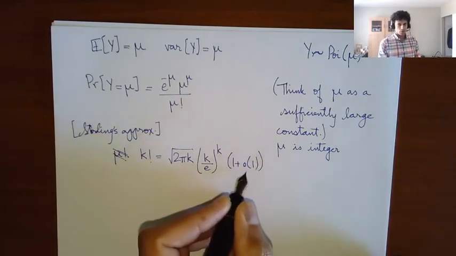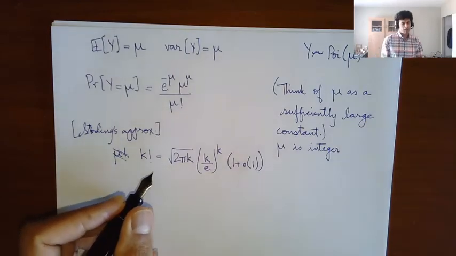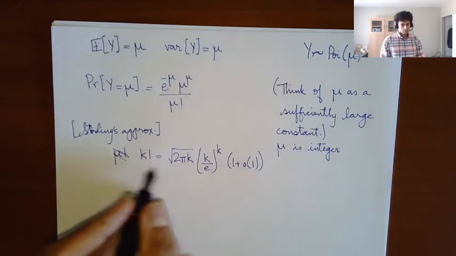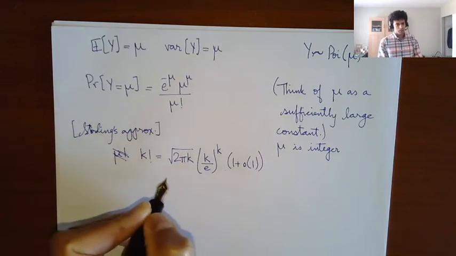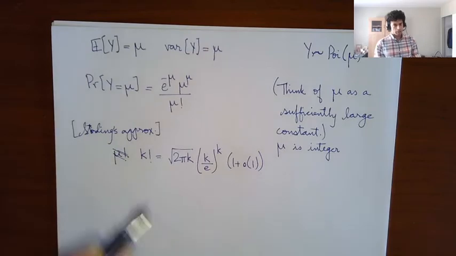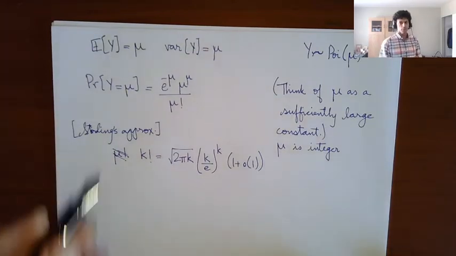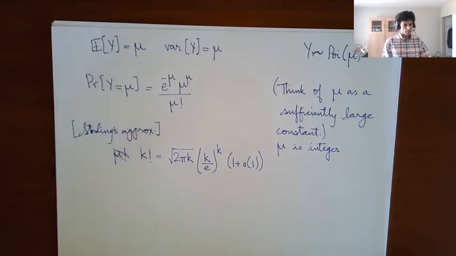And that little o of 1 is something that goes to 0 as k goes to infinity. So square root 2 pi k times (k over e) to the power k is a good approximation of k factorial for sufficiently large k. So let's go ahead and plug this approximation in.